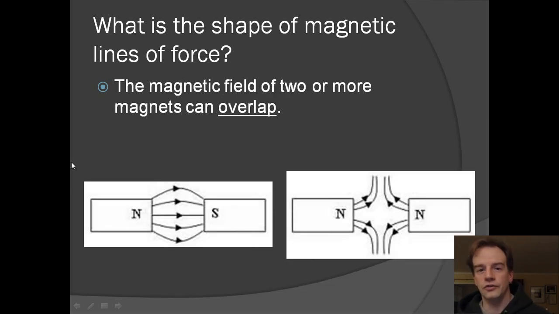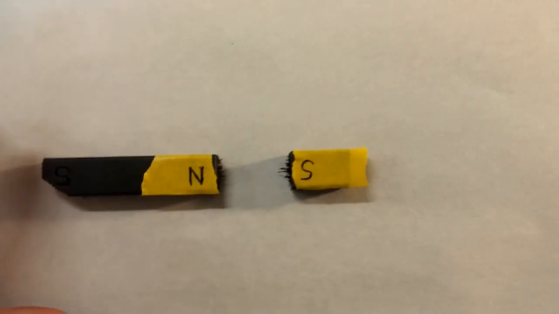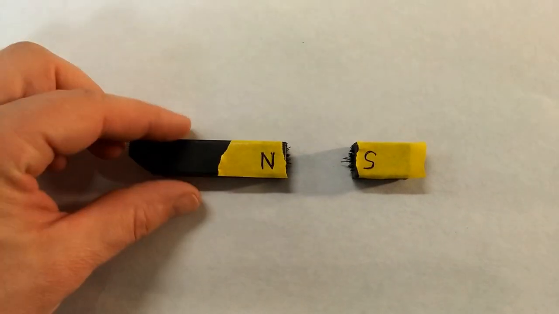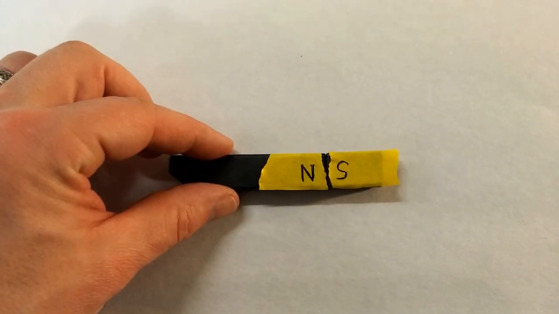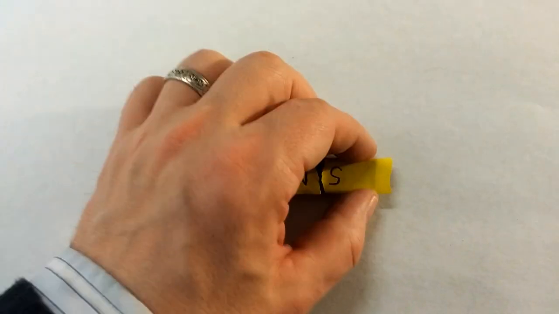So the magnetic field of two or more magnets can overlap. We can see two opposite poles, a north and a south, connect together here, and over here two like poles, a north and a north, are repelling with the lines not crossing. These are the ends of two bar magnets. Right now they're going to attract.